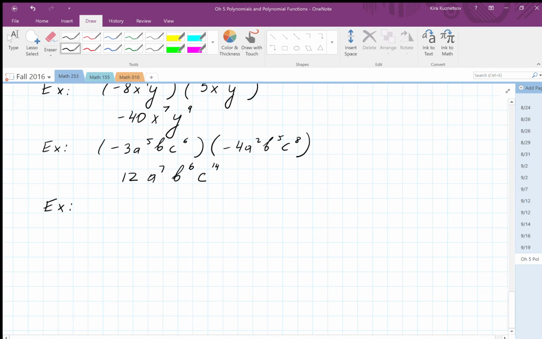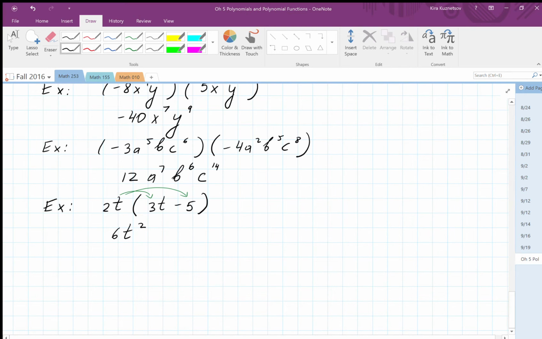My next example is monomial times a binomial. 2t is a perfectly good monomial. I want to multiply this to a 3t minus 5, which is now a binomial because it has 1 and 2 terms. This will work exactly the same way as distribution, so we've seen this before. 2t times 3t is 6t squared.